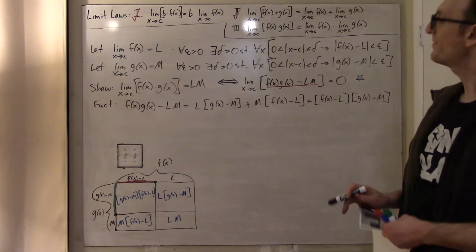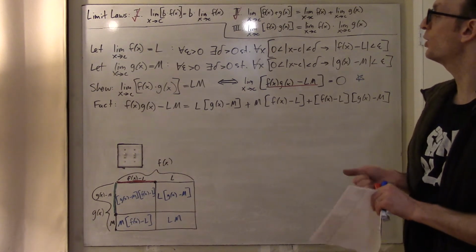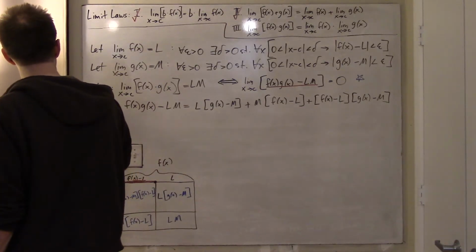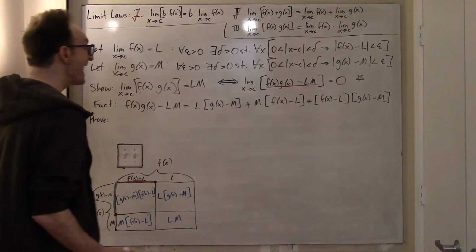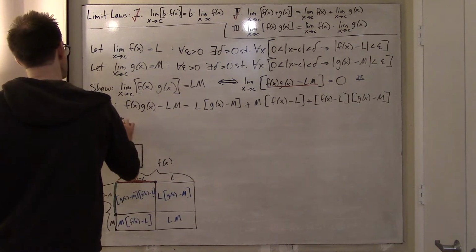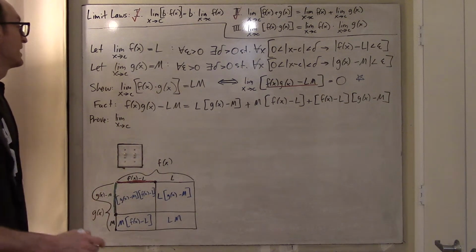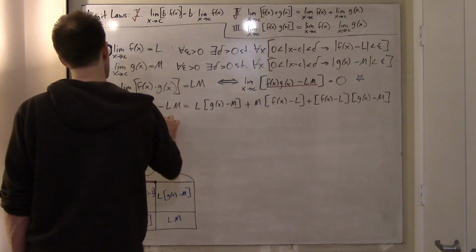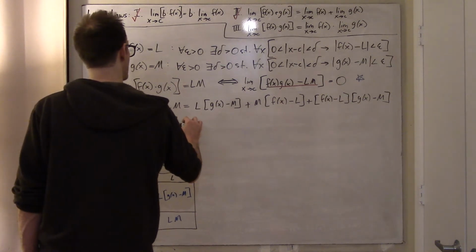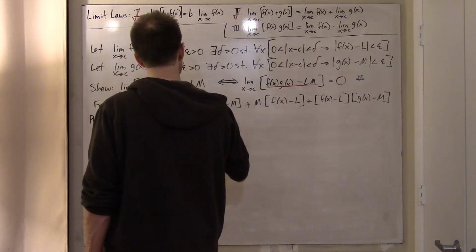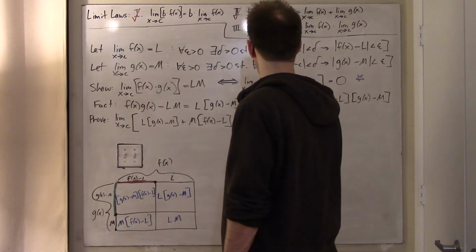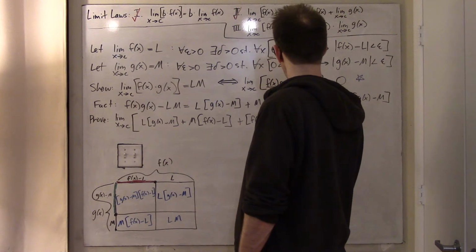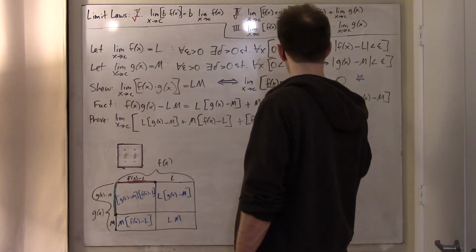And now, finally, I see what my real goal should be, which is I need to show that this is 0. So that means what I really need to prove is that the limit as x approaches c of, in giant brackets, L times g of x minus m plus m times f of x minus L plus f of x minus L times g of x minus m is 0.